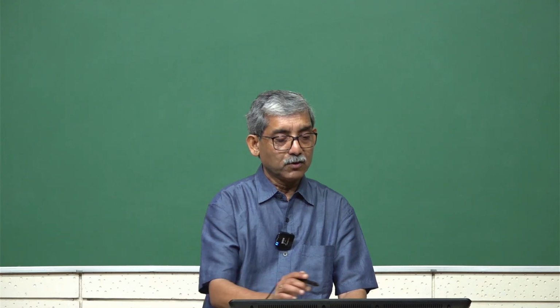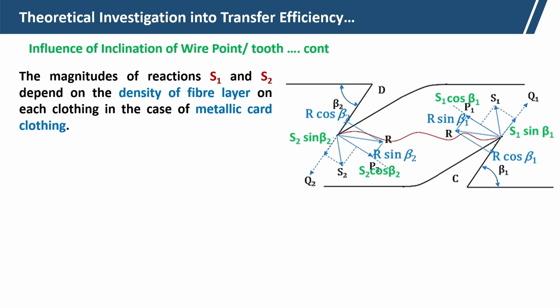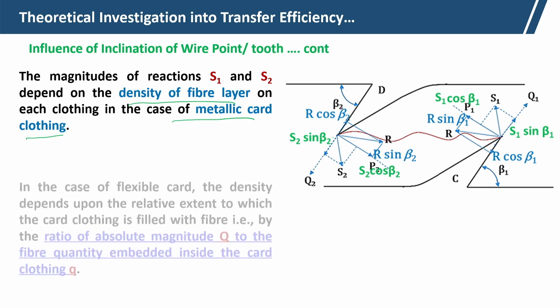So, the magnitude of the reaction forces S1 and S2 depends on the density of the fiber layer. As I have mentioned, the more the density, the higher will be the reaction force on each clothing in case of metallic wire clothing. But in case of flexible wire clothing, other problems come, it is not that straightforward.